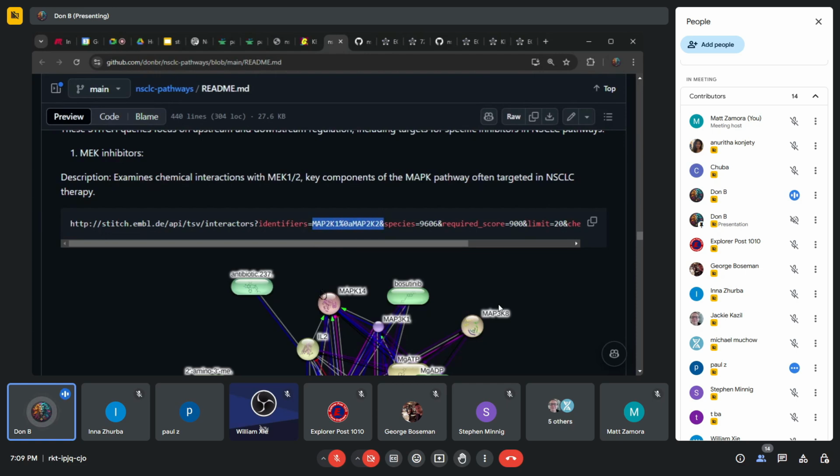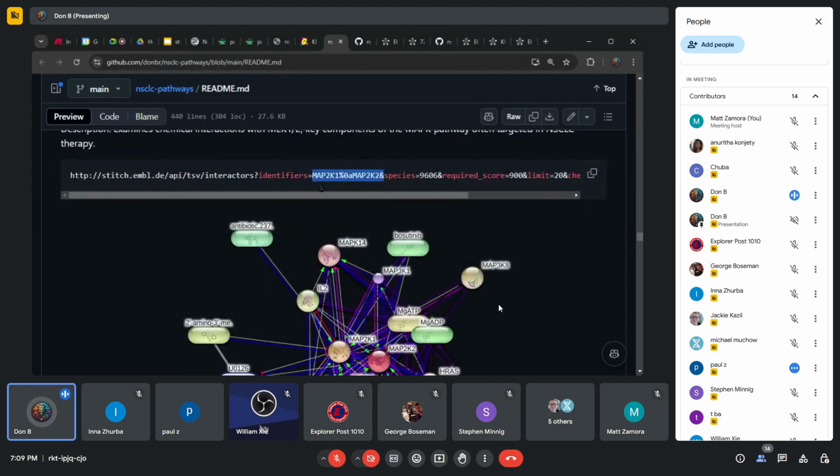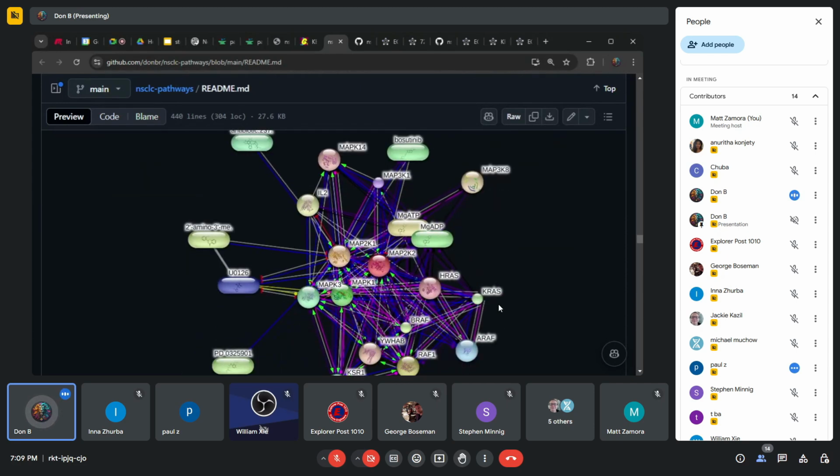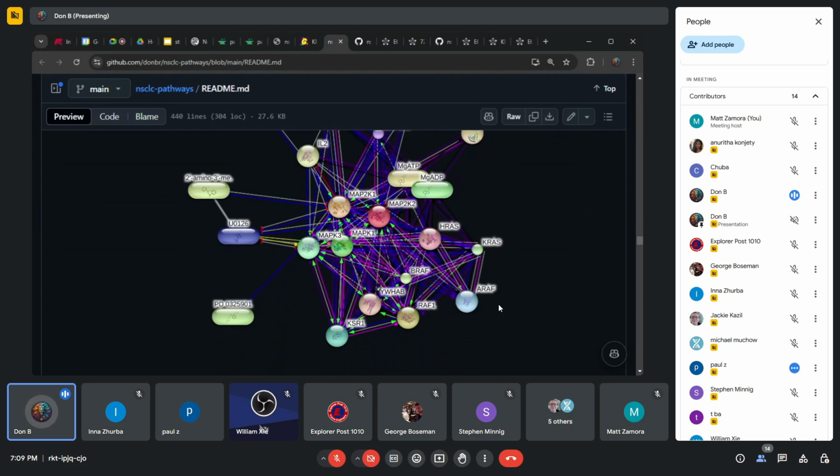Part of the context was leveraging the pathway for what it had captured. It had specific inhibitors listed at MAP2K1 and MAP2K2, so that's why that identifier was used to drive the generation of this graph.